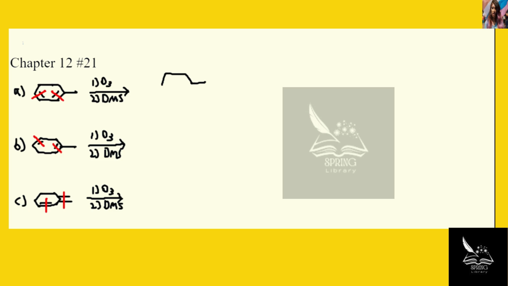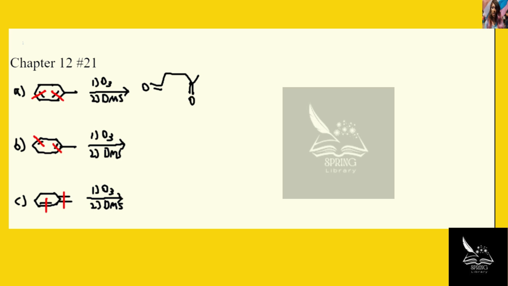Each of these carbons that previously was part of a double bond is going to have a carbonyl coming from it instead. So let me redraw this a little bit. Okay, maybe that's better.